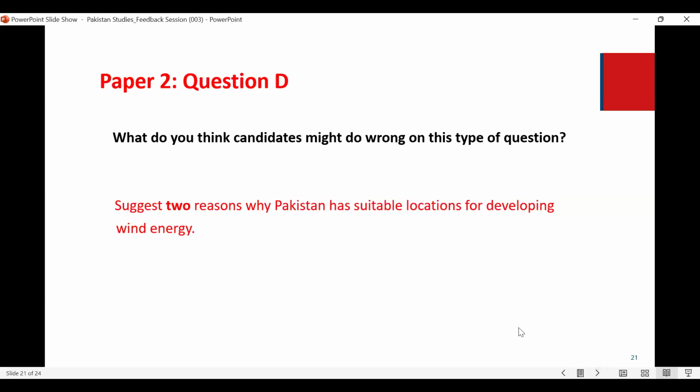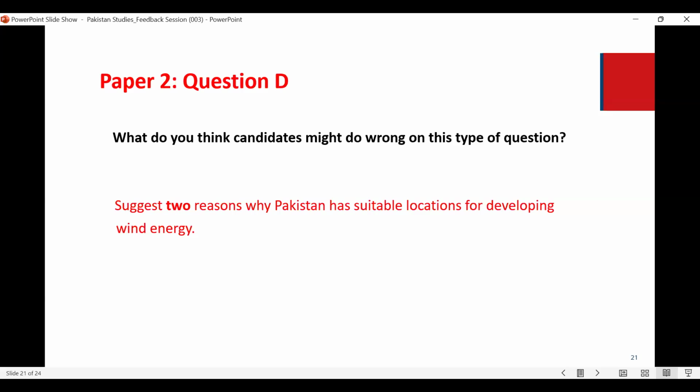Okay, let's have a look at question D. So what do you think candidates might do wrong with this type of question? That's, again, from this summer's exam.